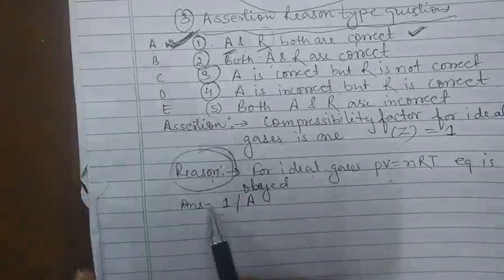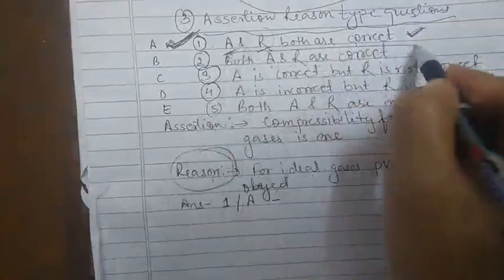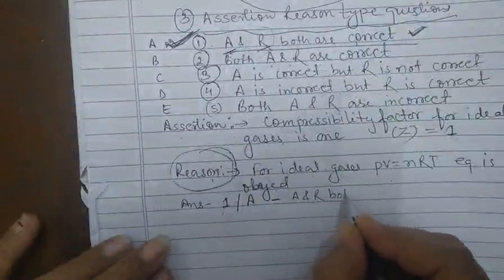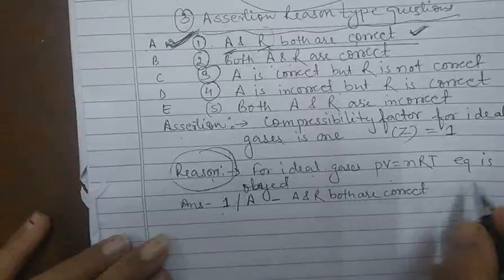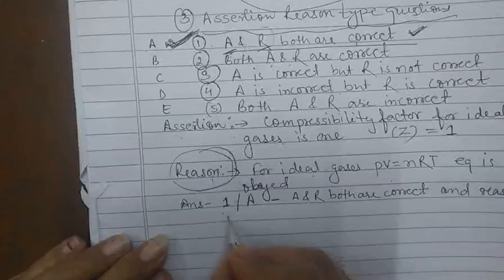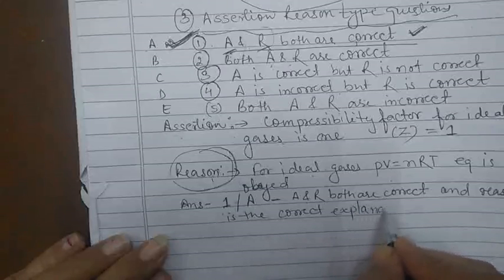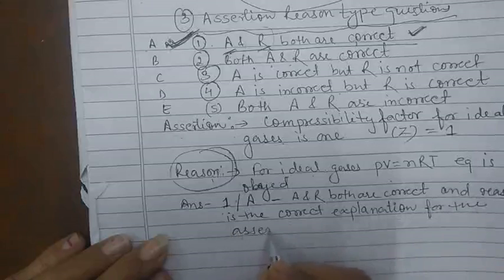Or you can write the whole statement: assertion and reason both are correct, and reason is the correct explanation for the assertion.